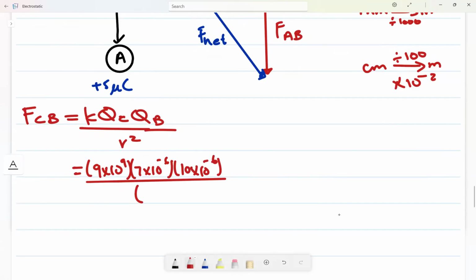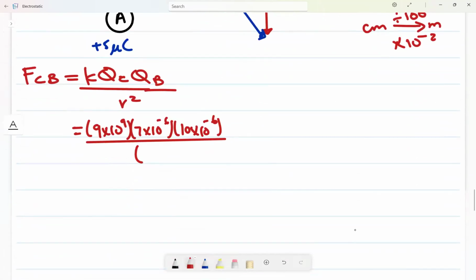R squared, the distance between B and C, is 15 times 10 to the power of negative 3. Don't forget to square. Remember, the distance should always be in meters.